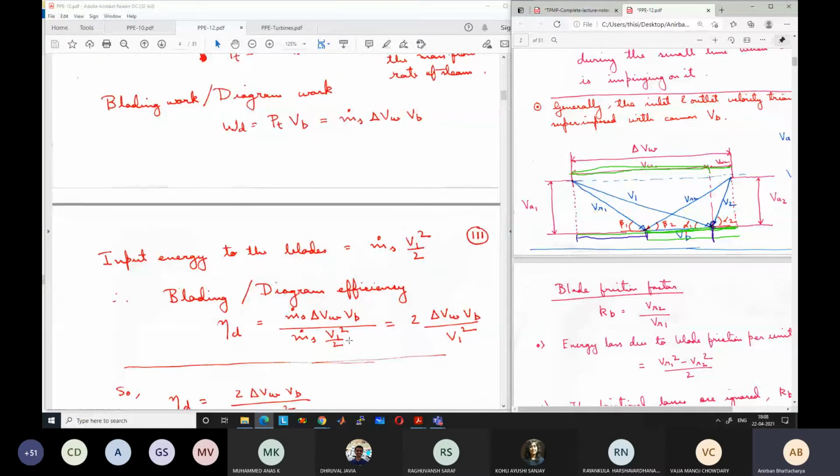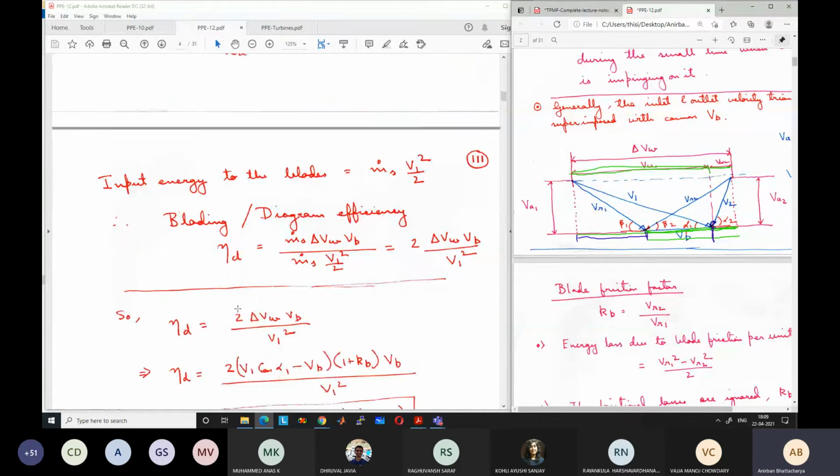So m dot s gets cancelled, and you are left with 2 delta Vw Vb by V1 square. This is known as blading or diagram efficiency, eta d. This gives us an idea about how efficiently we are converting the kinetic energy into work output, shaft work output.